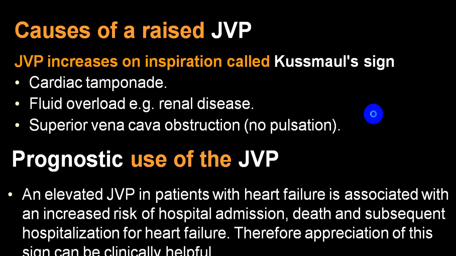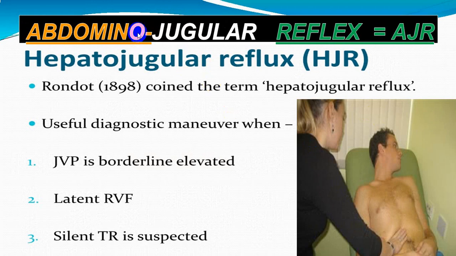So almost we have covered the majority. There is one other thing very frequently asked in your oral: the abdominojugular reflex, or hepatojugular reflux. In short, we call it HJR or AJR. At a 45-degree angle, you first observe the upper level of the JVP column.